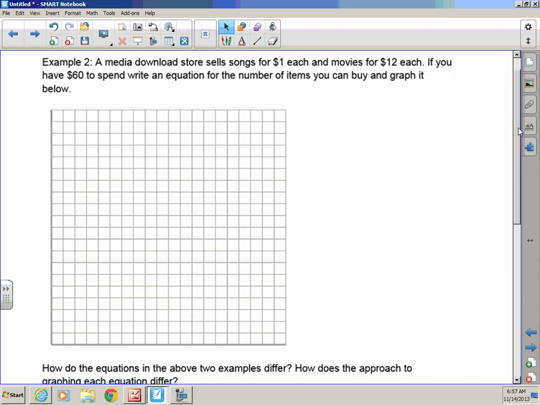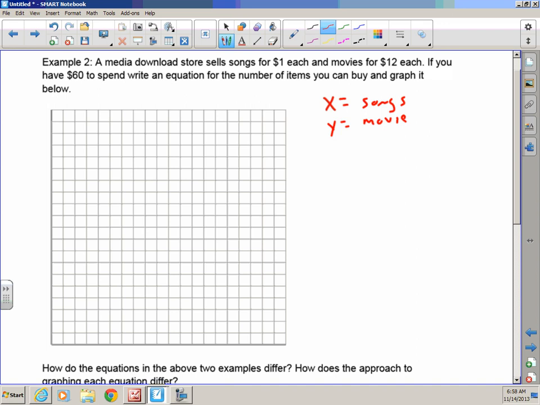My two unknowns in this situation: x, I'm going to say, are songs, and y is the movies. If you think about it, you could have switched those around, because technically one is not independent and the other dependent. One does not create the other. You don't have to buy the movies and restrict the number of songs. You have a choice of what to do.